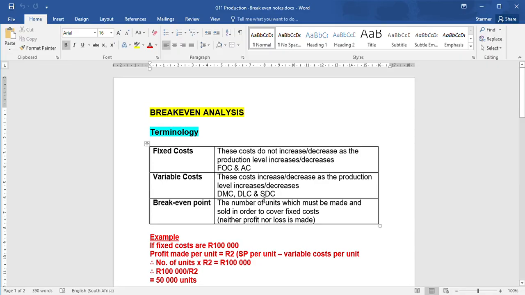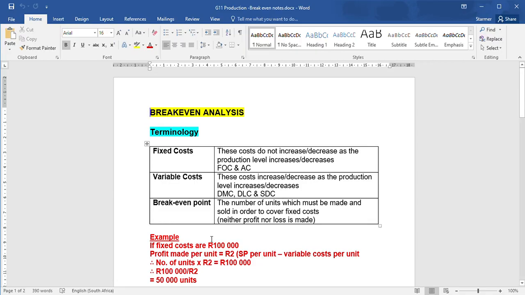And if you're making more items, you're going to need more salesmen to sell those items, do more advertising, etc. So that's also a variable cost. So your materials, your labor, and your selling and distribution, as you produce more, they will increase. As you produce less, if you cut back on production, those will decrease.